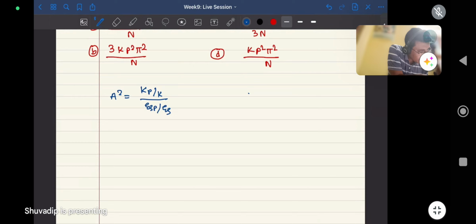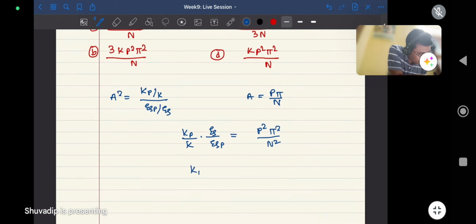Now a is also equal to p pi by capital N. From these two relations we can write that kp by k into xi by xi p is p squared pi squared by N squared. Now if we take kp on the left side and move everything else to the right side, we get xi p by xi times p squared pi squared by N squared.